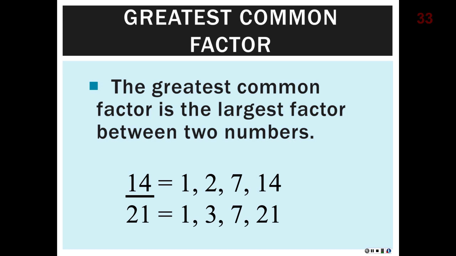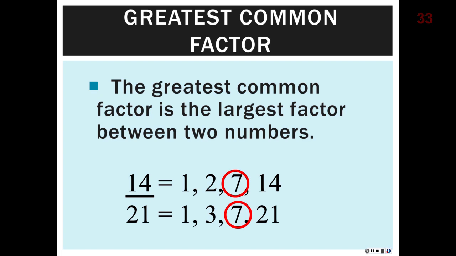What's the largest common factor for 14 and 21? I've already written the factors for you. No, it has to be common in both. So 7 is the greatest common factor, right?